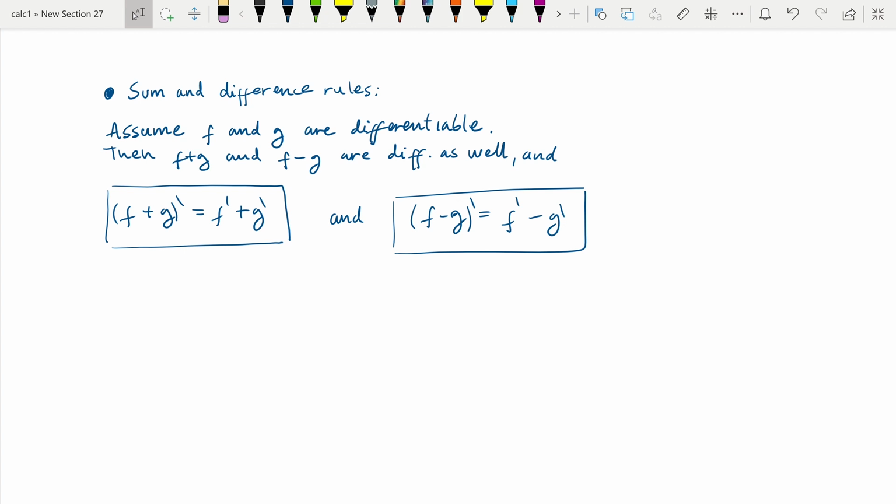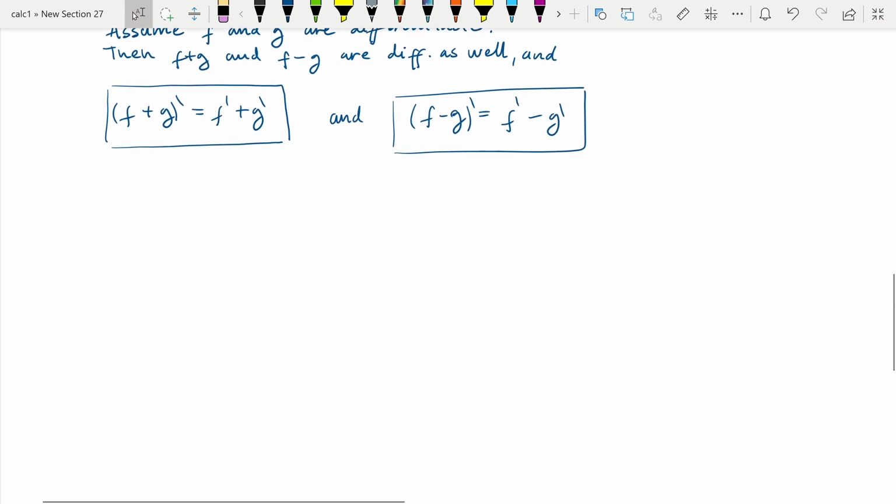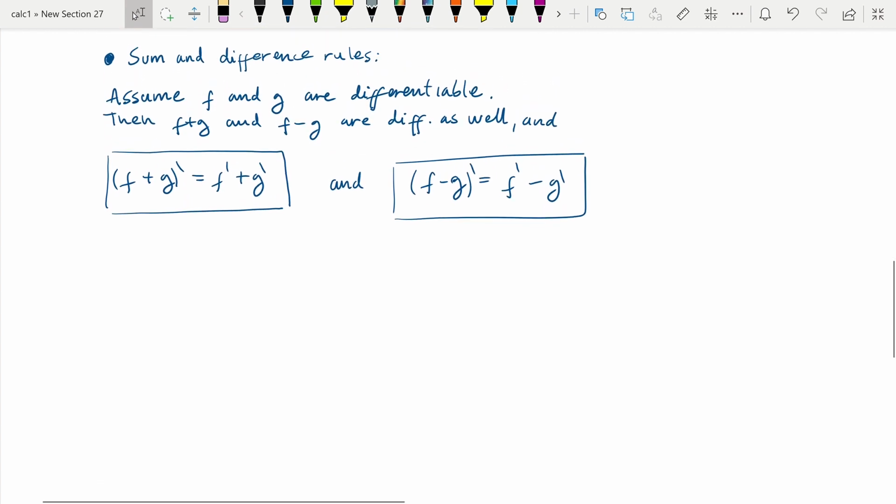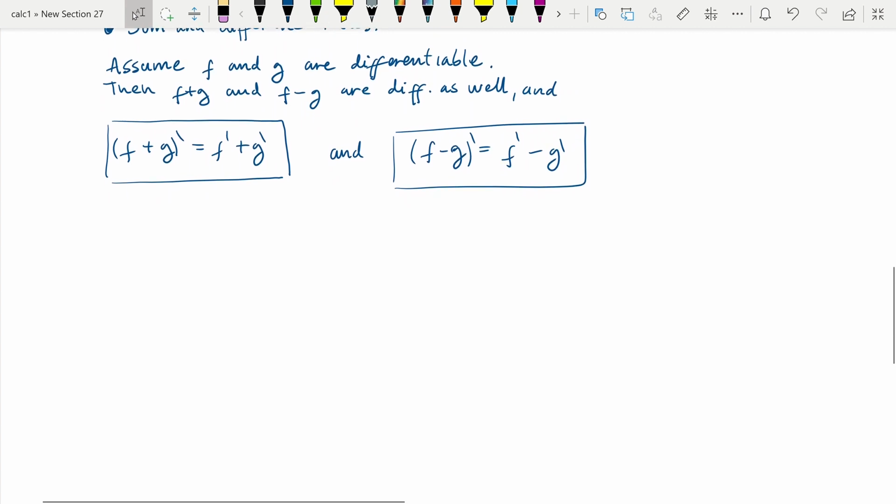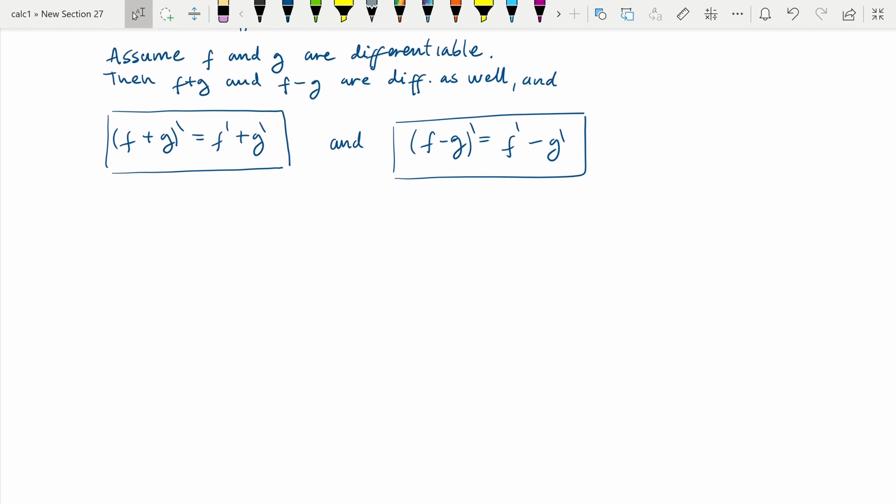But for now, with what we know so far, we can easily compute derivatives of the sum of two functions or the difference. This is just combining what we have so far. Whenever you want to compute the derivative of the sum of two functions, just compute the derivatives of each function and then add them together.